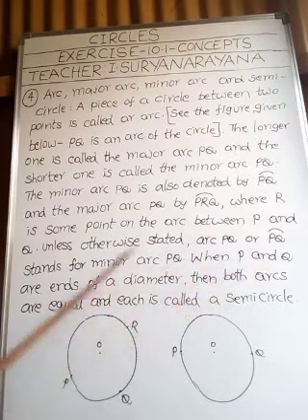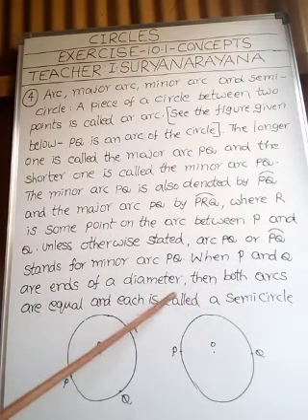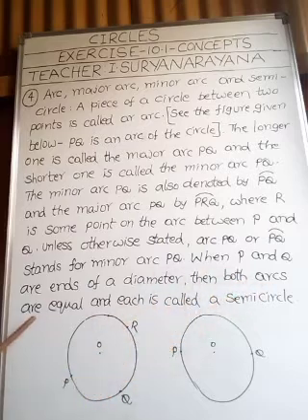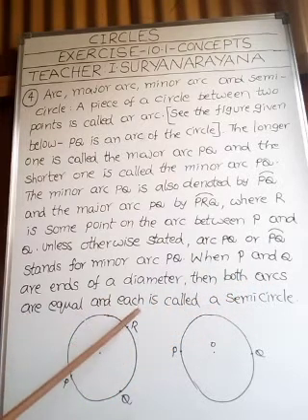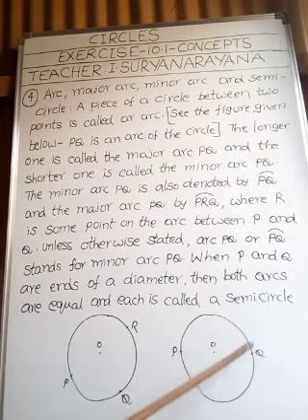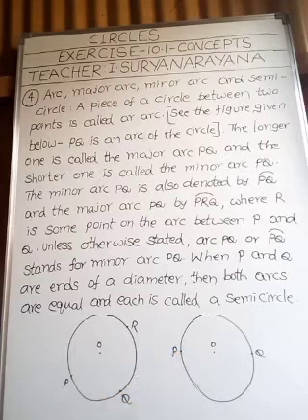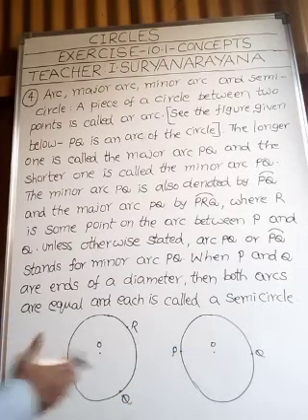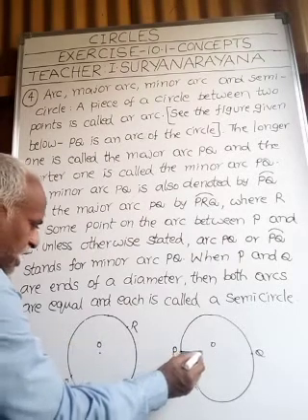When P and Q are the ends of a diameter, then both arcs are equal and each is called a semicircle. See this second figure. In this figure, these points P and Q are endpoints of the diameter.